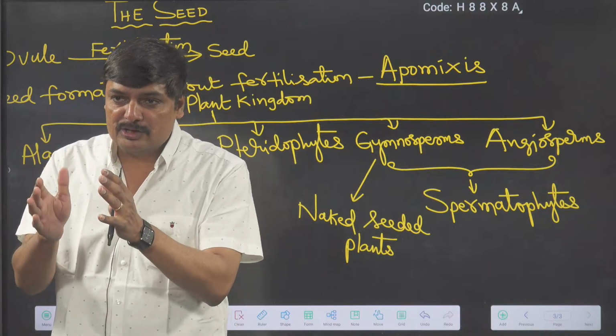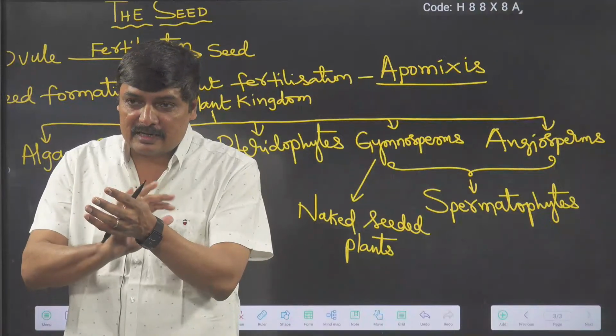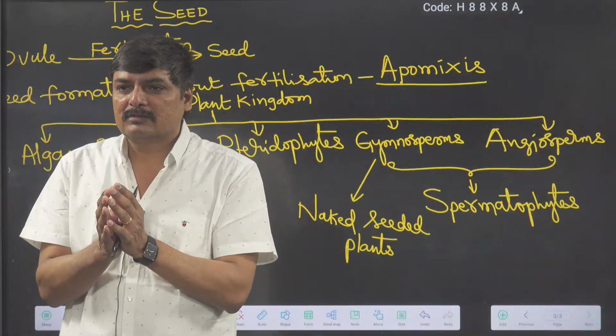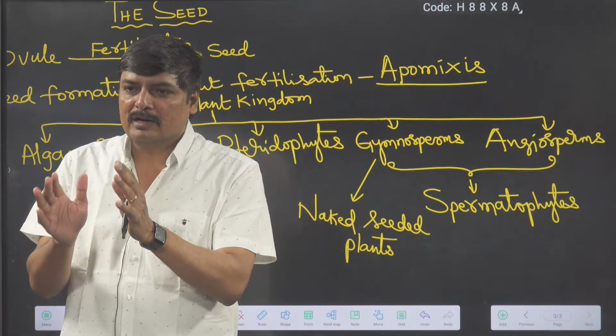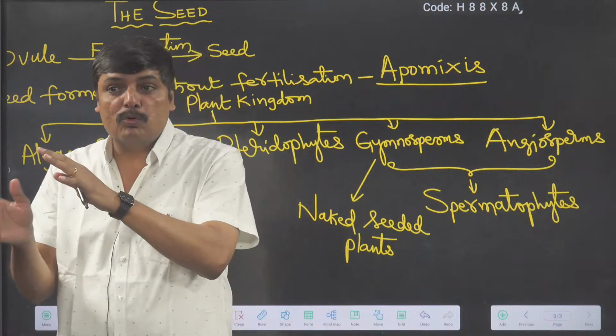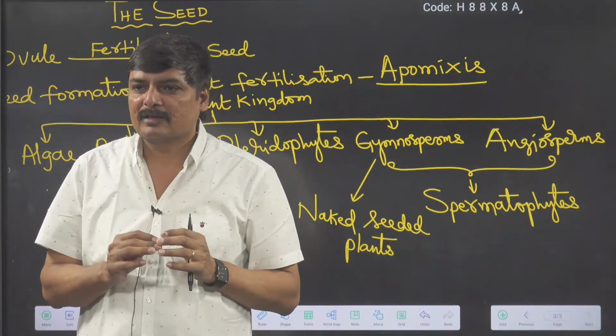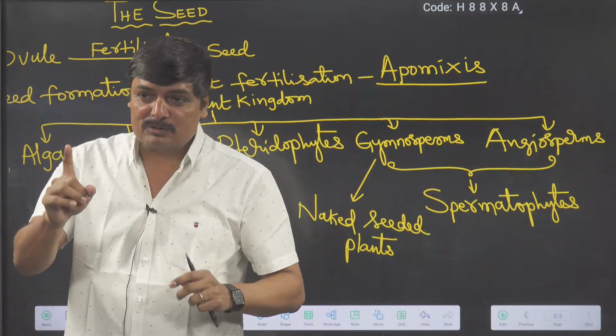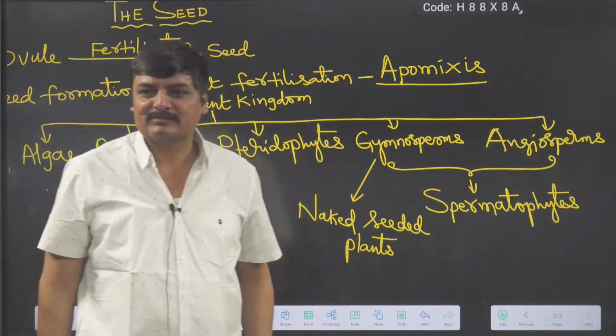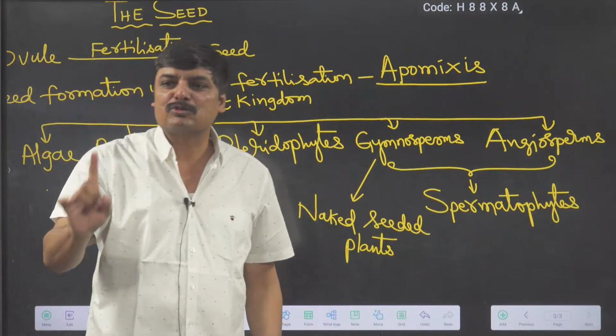In case of angiosperms, the seeds are covered by fruit wall. But seeds are present in both gymnosperms and angiosperms. But fruits are present only in angiosperms. No fruits in gymnosperms.